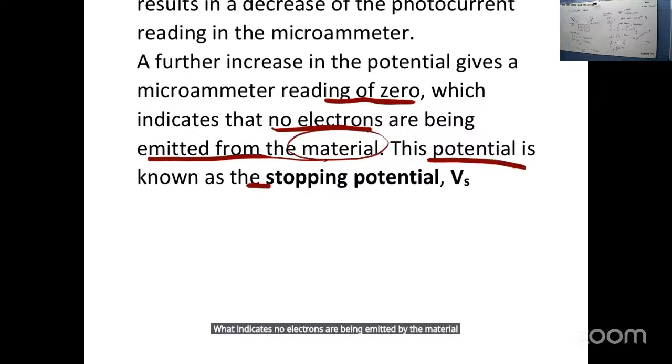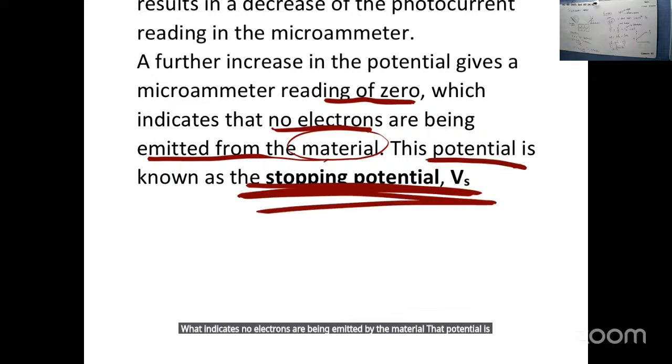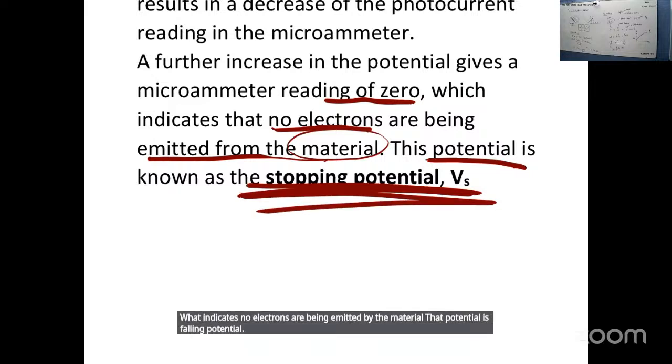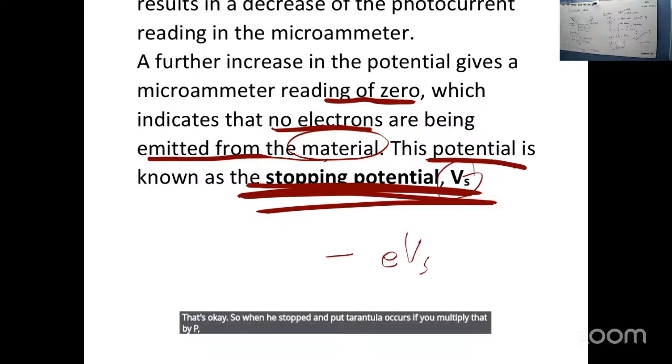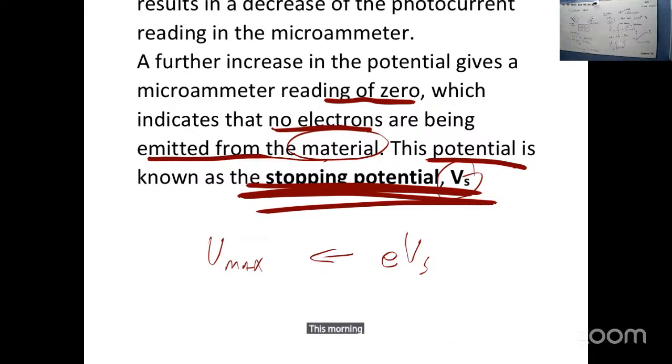That potential is called the stopping potential. When the stopping potential occurs, if you multiply it by e, you technically have the maximum energy that the photoelectrons will have, where e is the charge of an electron, 1.6 times 10 to the minus 19.